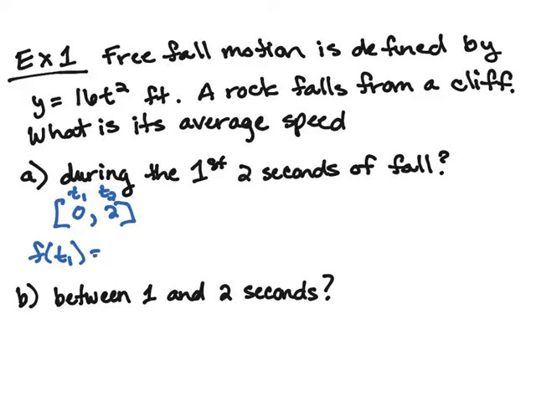Well, if we plug in a 0 for t, we get 0. And my f of t2, we're going to plug in a 2, so I've got 16 times 2 squared. That's 16 times 4. And what is 16 times 4? 32, 64.